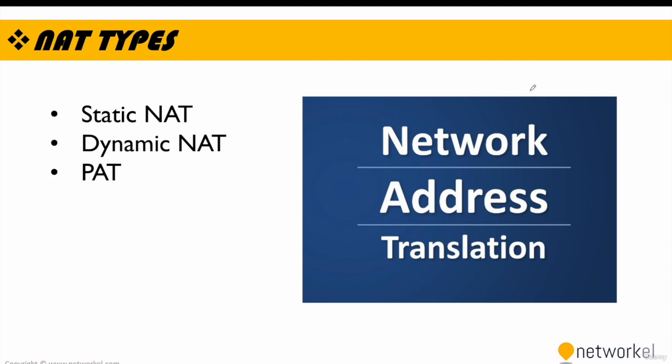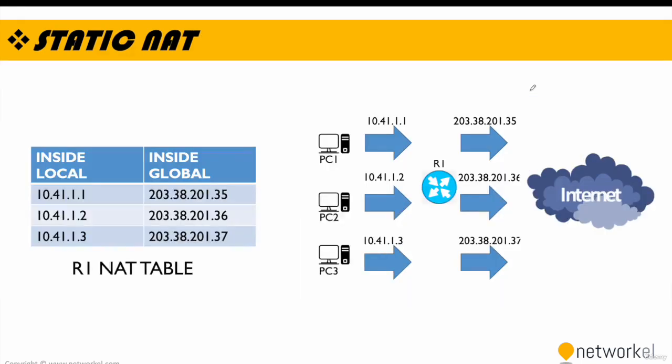For NAT types, we have three types: static NAT, dynamic NAT, and PAT. In the static NAT method, the private addresses are matched with global addresses one to one. For example, I have these IP addresses belonging to PC1, PC2, and PC3.